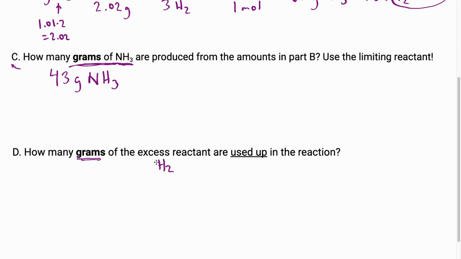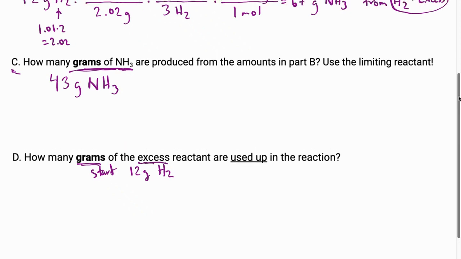Because it's excess, not all of the 12 grams, remember, we started out with 12 grams of H2, will be used up. There's still going to be some left over after the reaction is done. So we have to figure out how much is actually used up by starting with the limiting reactant.